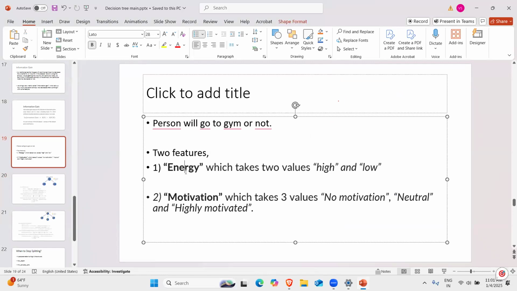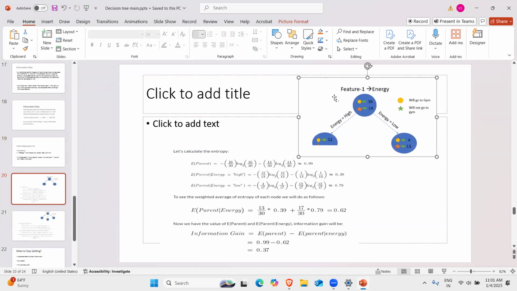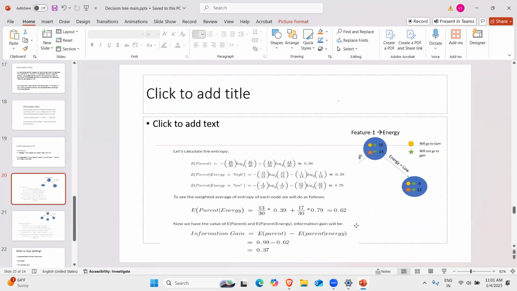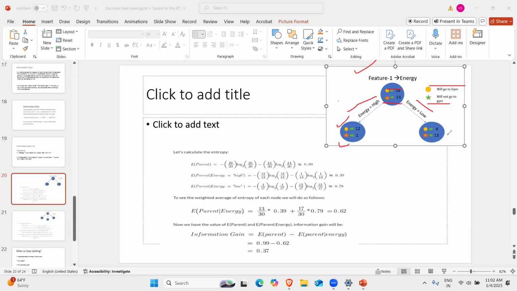So I have energy and I have motivation. Let's go with energy first, right? You have been given in the data set itself that if you select the feature energy, 16 people will go to gym, 14 people will not go to gym. If energy is high, 12 people will go to gym, 1 person will not go to gym. If energy is low, only 4 people will go to gym and 13 people will not go to gym.